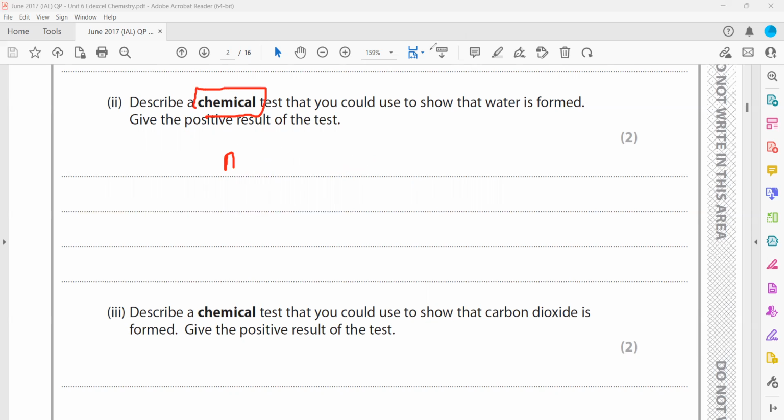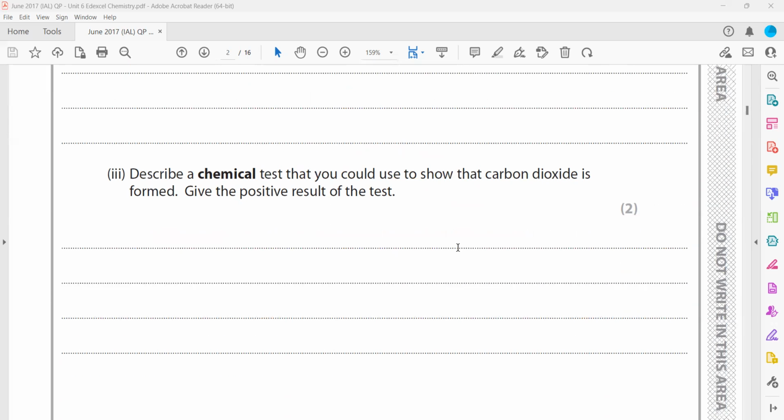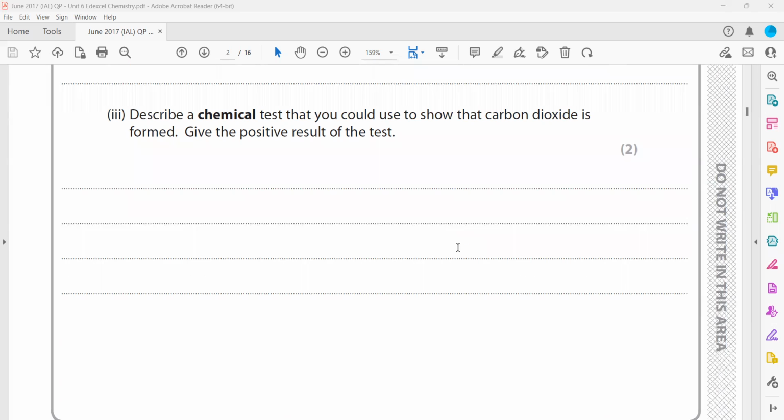Usually cobalt chloride paper is more suitable. So we can use cobalt chloride paper and it will turn from blue to pink. If it was a test for water itself, then copper sulfate is acceptable, but practically here, as water vapors are there, we use cobalt chloride paper.